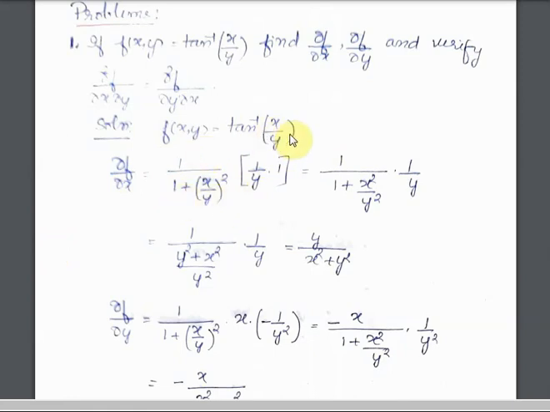Tan inverse of x by y becomes 1 by 1 plus (x by y) whole square into the differentiation of x by y, and keeping y constant, 1 by y is a constant and the differentiation of x becomes 1. Simplify, take the common denominator y, and y is going to get cancelled, so that y goes to the numerator and it becomes y by x square plus y square.